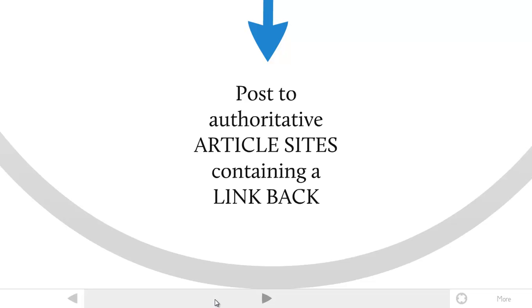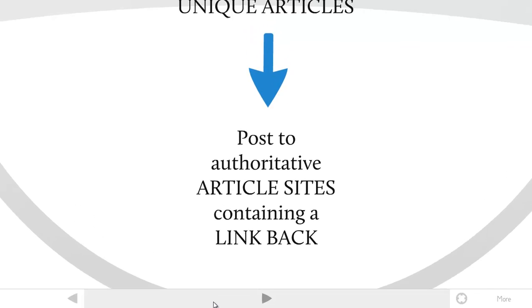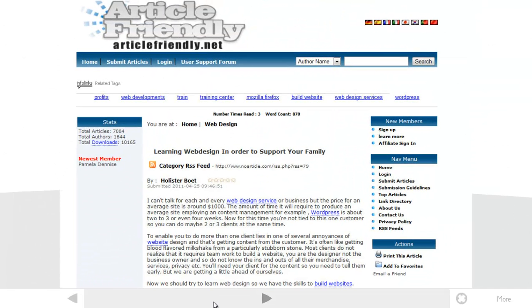So what you want to do is get actual good links. One way of doing that is writing articles like this. We wrote an article called "Learning Web Design in Order to Support Your Family." A very nice little article, nothing special and fantastic, but just a nice, clear article with some good information on it. And then you've got things like web design service, WordPress, build websites, and website.